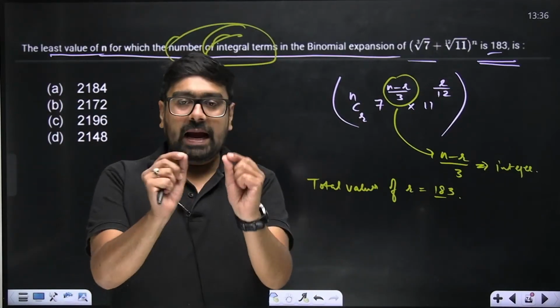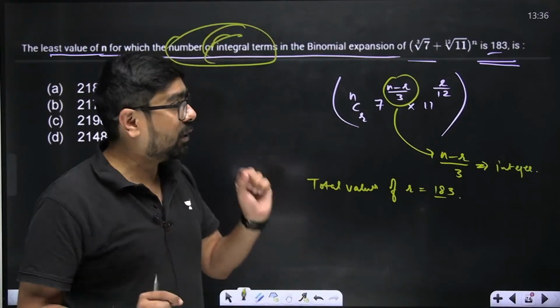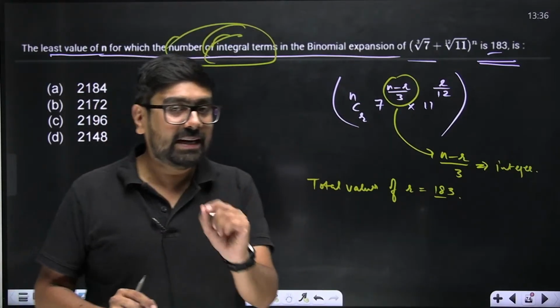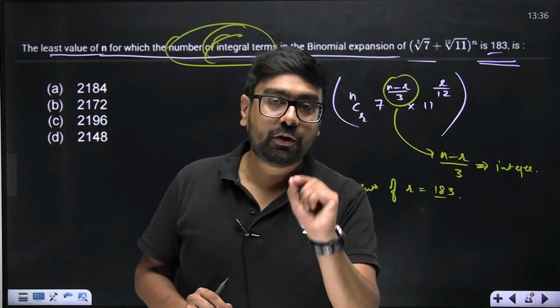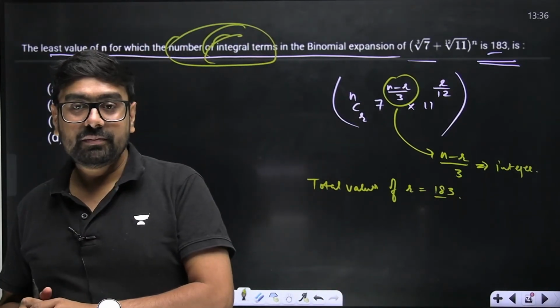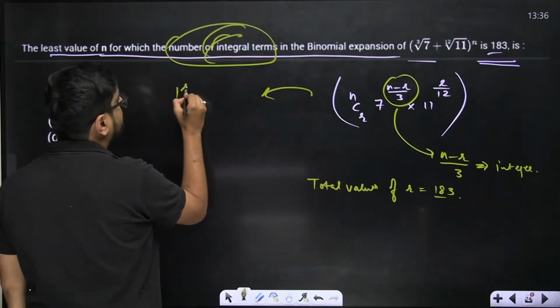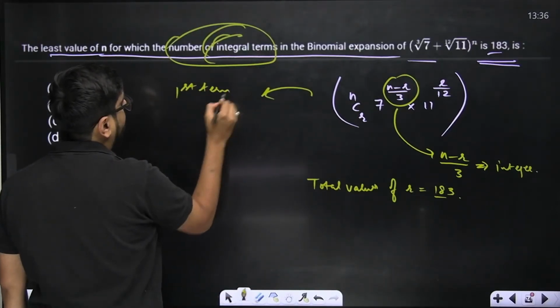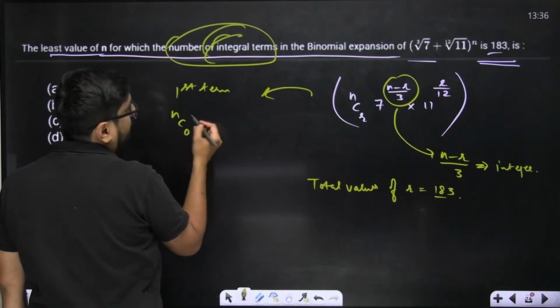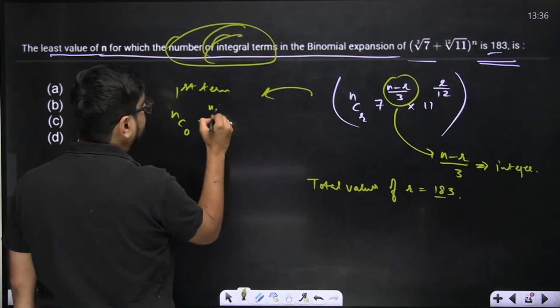Now, a small catch over here: 183 multiples of 12, or 182 multiples of 12? Because every time we check the integral terms, if you have solved these types of questions, we know we have to check for nC0 also. The first term in this expansion will be nC0 times 7 to the power of n by 3.